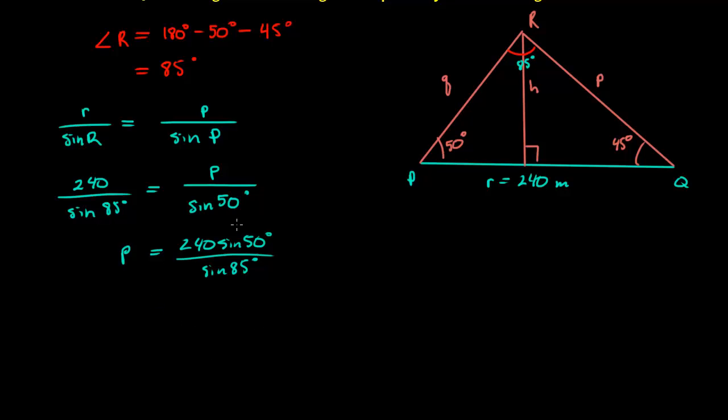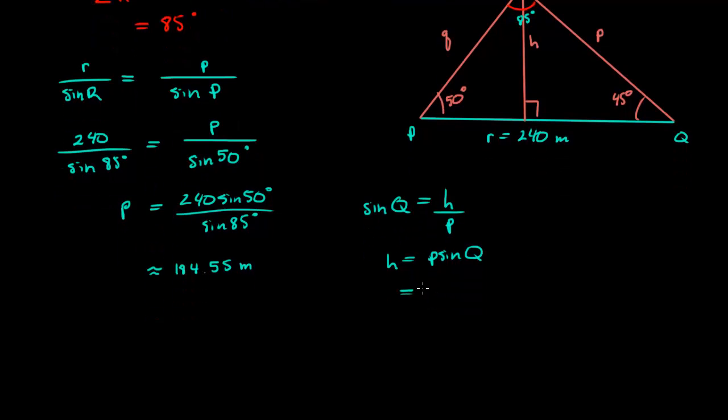So this is approximately 184.55 meters. Now we know that in this triangle, the sine of angle Q is equal to the opposite side, which is h, divided by the hypotenuse, which is P. So I know that h is equal to P sine Q. P was 184.55 meters times sine of Q, and angle Q is 45 degrees.